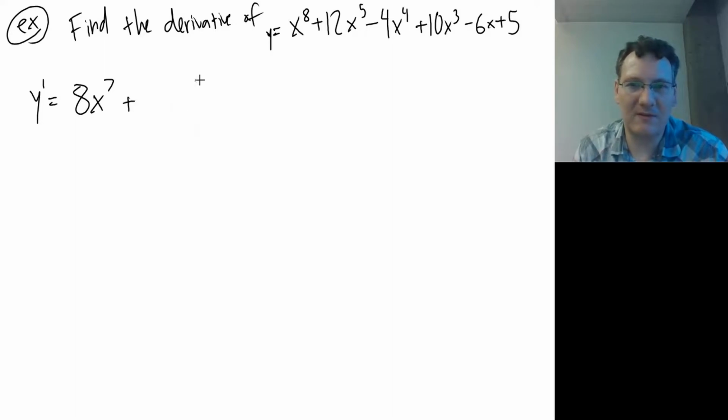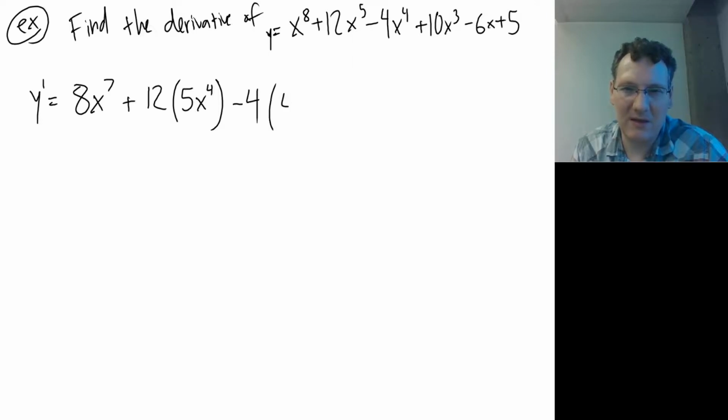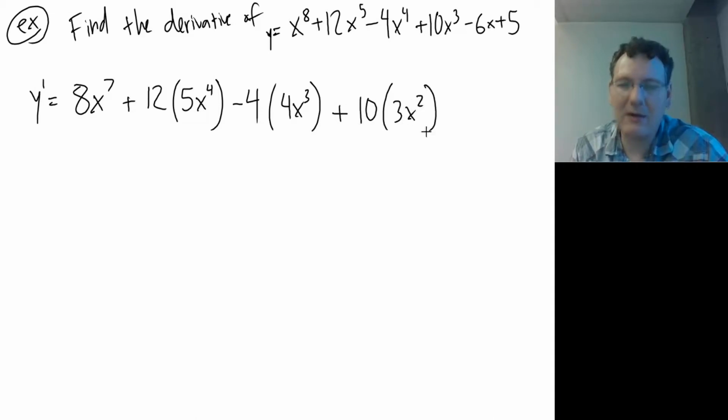Then 12x to the 5th, it's going to be 12 times 5x to the 4th. All right, then the next one, minus 4x to the 4th, we'll have the minus 4 times 4x to the 3rd. And then the 10x to the 3rd, well, I'm going to write 10, and then 3x squared.